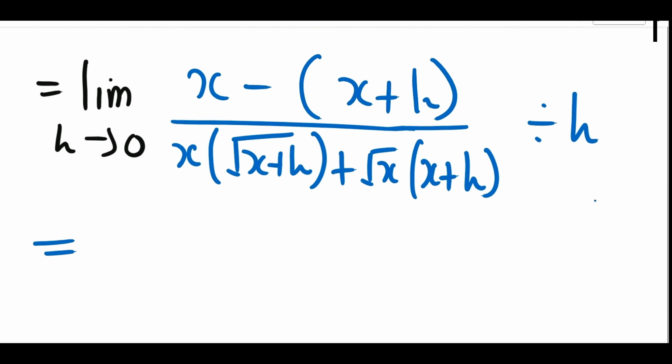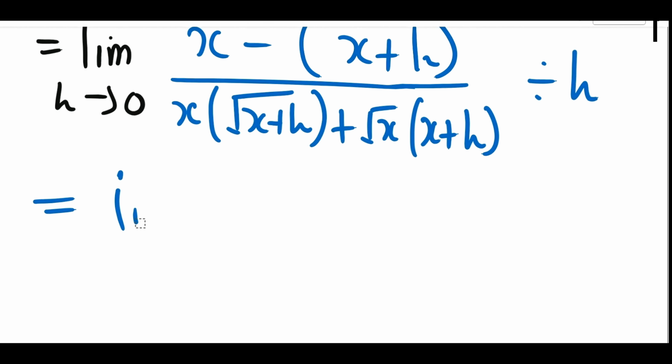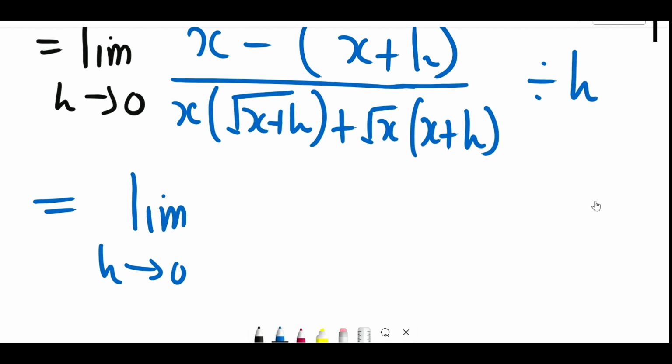So we continue to simplify. We are going to get the limit as h approaches 0. So we have our x here minus this x.